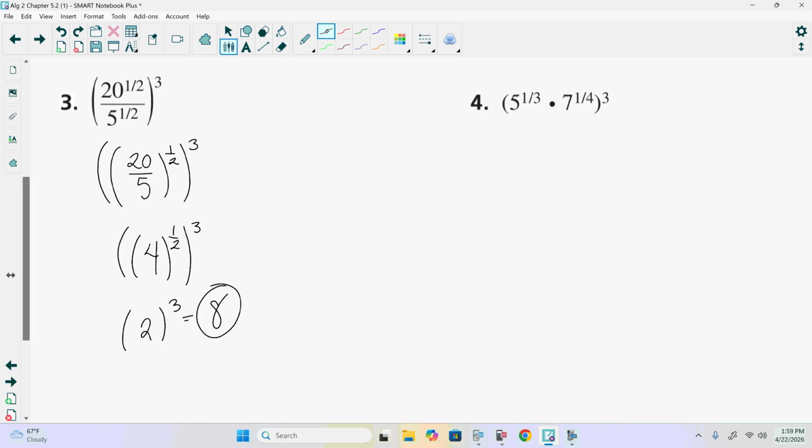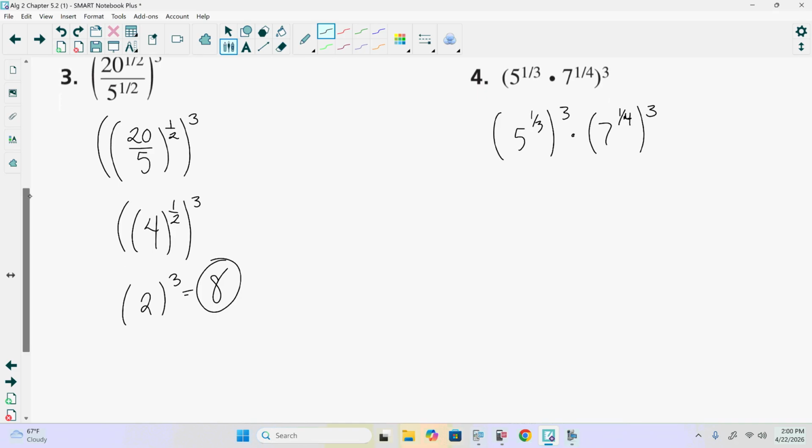So all we can do is our power of a product. And apply that exponent of 3 to both of them. So we have 5 to the 1/3 to the third times 7 to the 1/4 to the third.